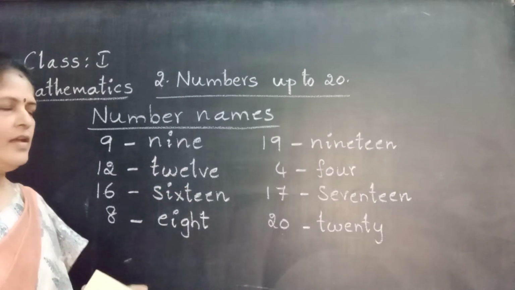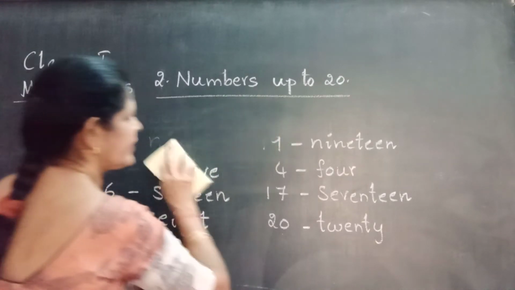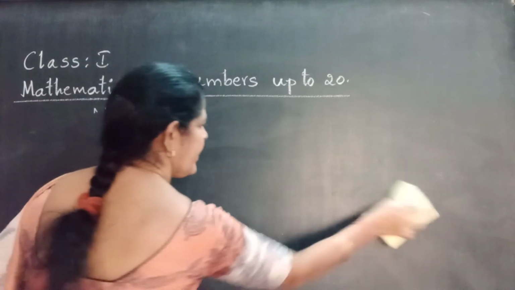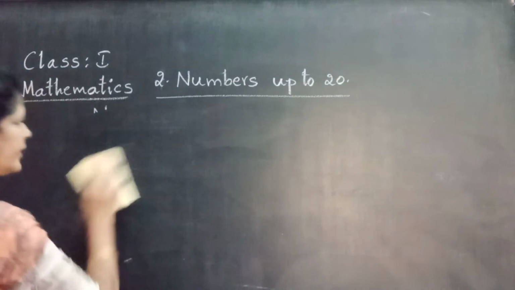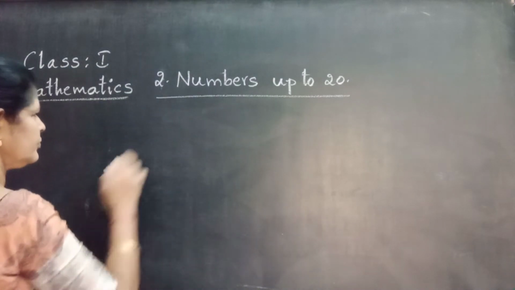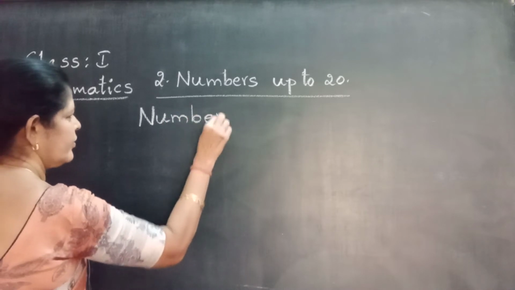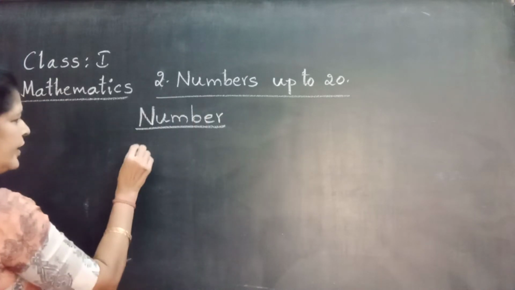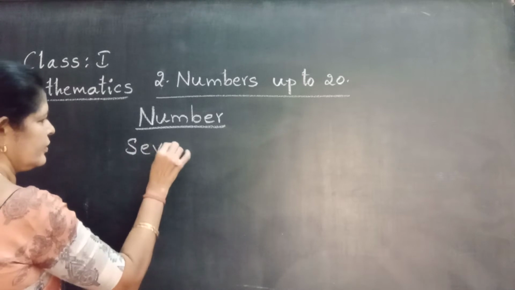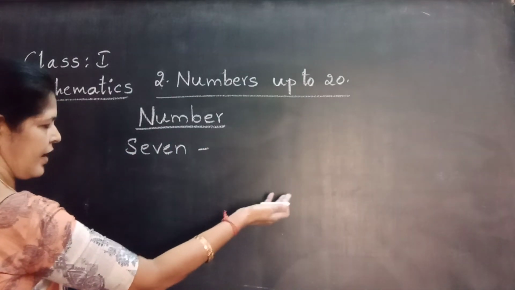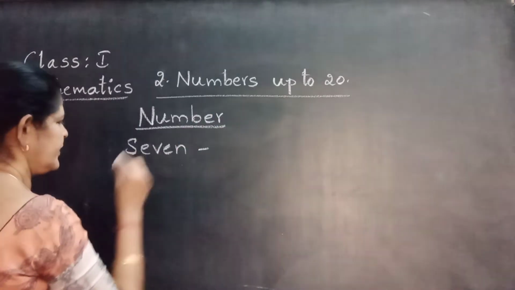We write in words. Next one, write the number or write the numeral. N-U-M-B-E-R. Write the number. Ready? Read the word and write the number.